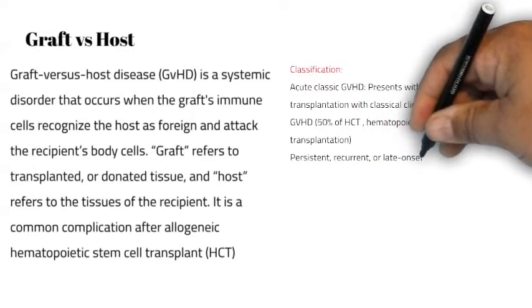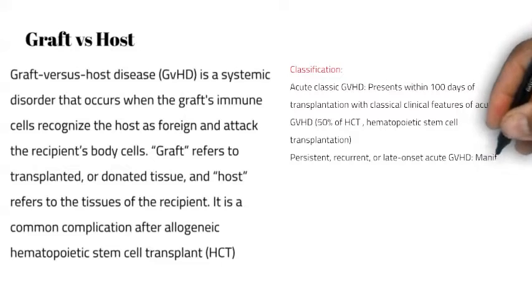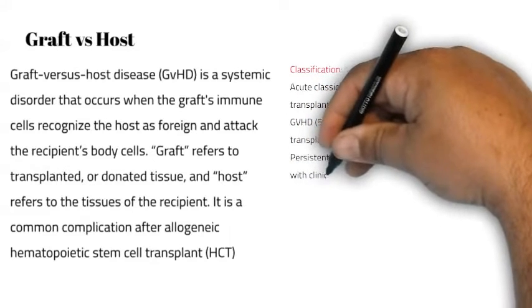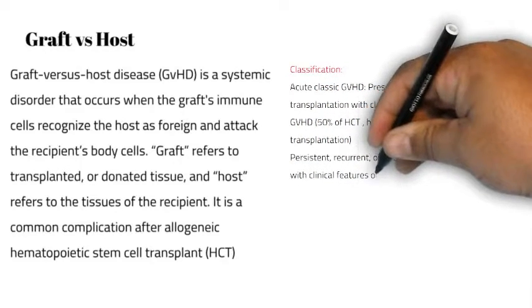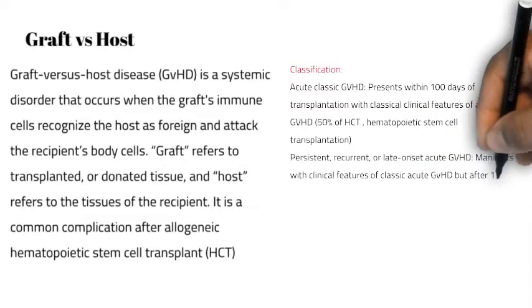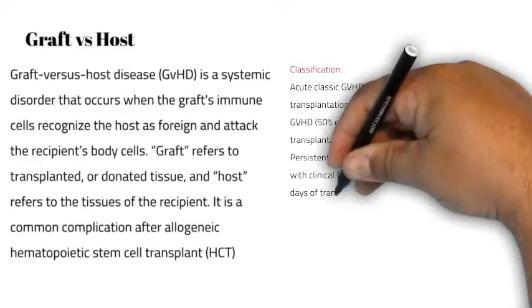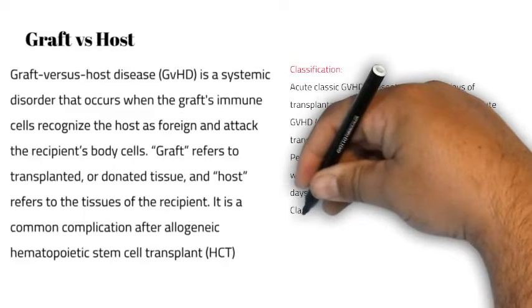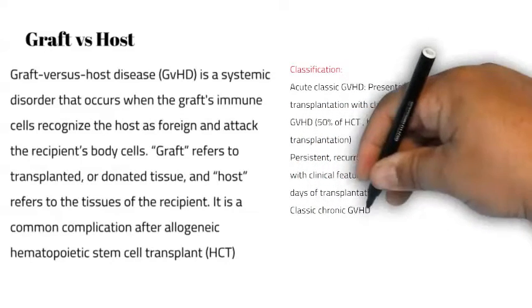Classic chronic GVHD, which presents after 100 days of transplant with classic clinical features of chronic GVHD. Overlap syndrome, which may present at any time post-transplant with features of both acute and chronic GVHD.